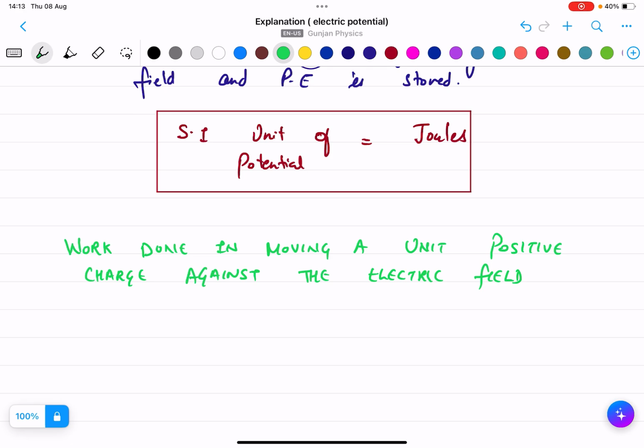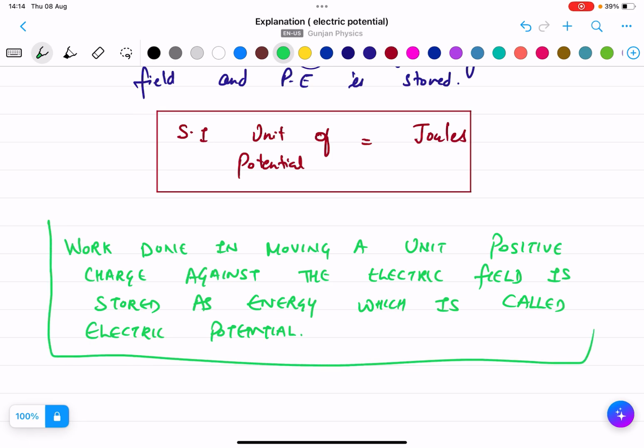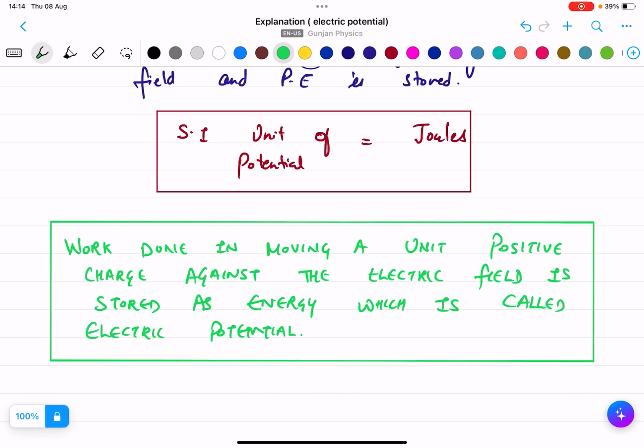Remember, there is no work done if we are moving along the electric field. We are moving against the electric field, so work done in moving a unit positive charge against the electric field is stored as energy, which is called electric potential.